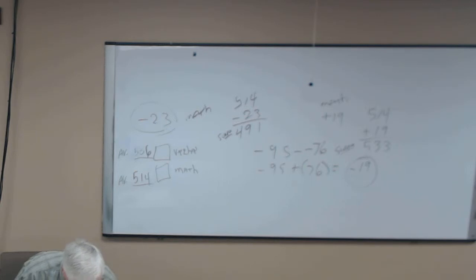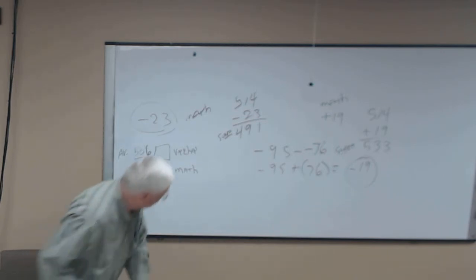Number 44. Find the difference between the integers corresponding to the verbal and the math scores for test takers whose parents earned an associate's degree. So I look at associate's degree, and I look at, what do they want the difference between? Verbal and math. So I want verbal minus math for associate's degree.